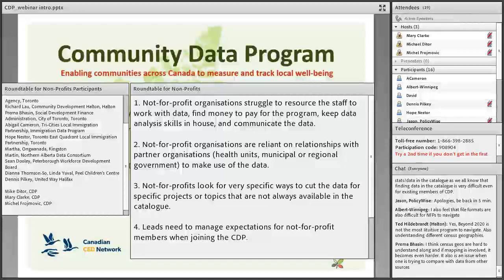But they did join, I think, to Mary's point, because they saw that this would be linked up with the organizations that knew how to do stuff with data, and partially to understand the scope of the data available through the CDP. And I think leads need to understand the different places that nonprofits are, from the small to the large, with different capacity, and what they can bring to the table.